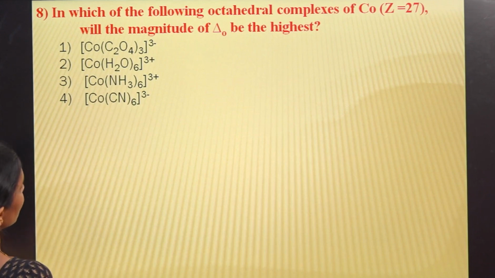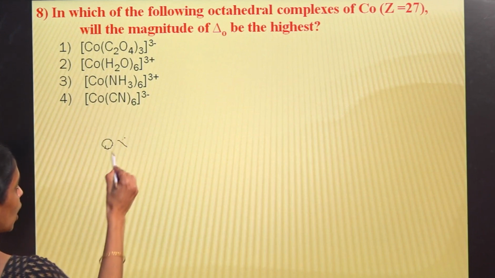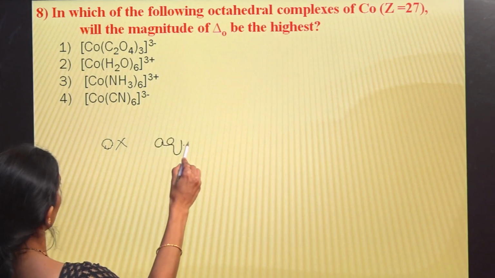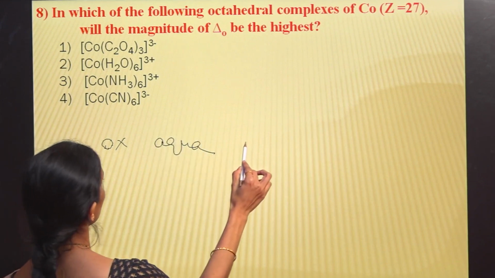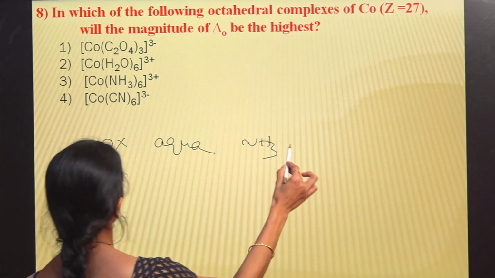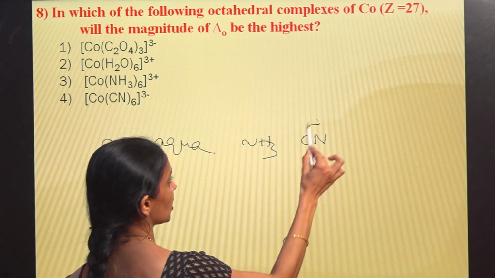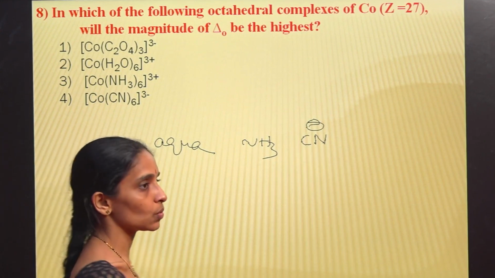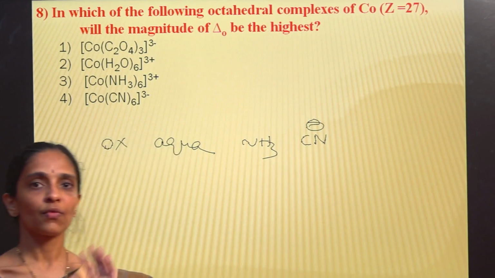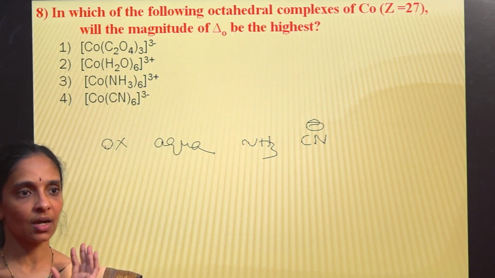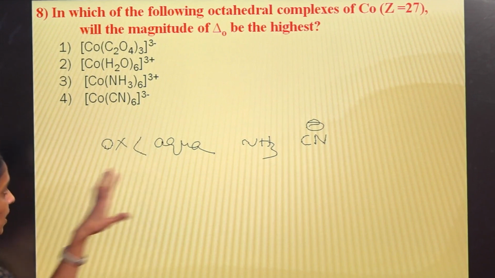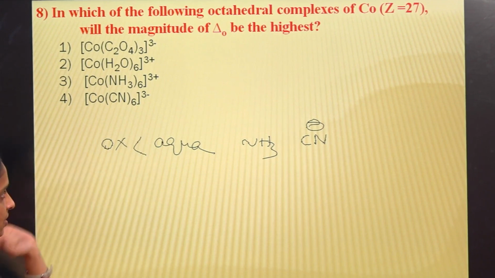The first ligand that you have is the oxalato ligand, ox ligand, and then you have aqua ligand, then you have amine, and you have cyanido, CN minus. If you look at the spectrochemical series, which gives you the order of ligands for their crystal field splitting strength, you will see that oxalato lies at the left extreme, okay?